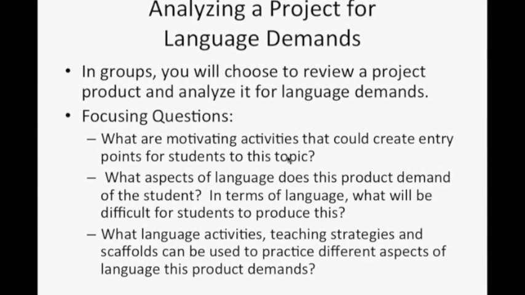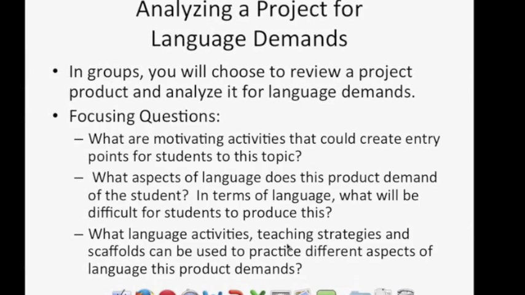And then three, what language activities, teaching strategies, and scaffolds can be used to practice different aspects of language as the product demands? This last question about teaching strategies and scaffolds, I'm going to come back to after the small groups and show you several examples of different ways to teach different aspects of language. And so we're not going to answer this right now for our model, but in your groups, if you have time, you can get to this third question if you want.